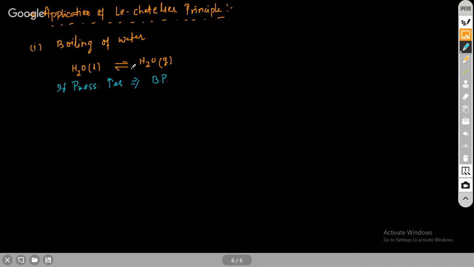And when we increase the atmospheric pressure, then water requires more heat to reach that particular pressure, so that its vapor pressure increases, and hence we say that the boiling point of water increases. So boiling point will obviously increase since we are increasing the pressure. I have taken the example of why cooking is difficult at higher altitude, because the pressure is less over there. But that is one way through which you can understand.